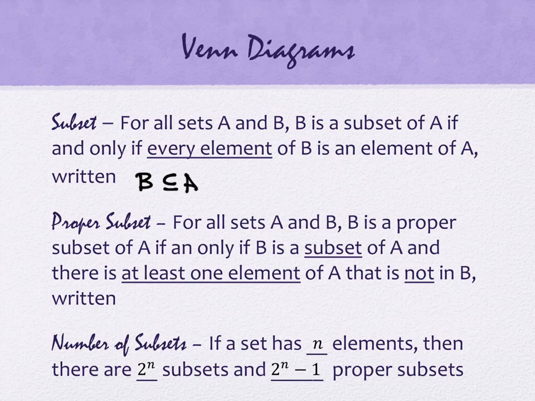It's like a flat kind of a C, and it has a line underneath it. It means every element of B is also in A. Okay, everything in B is also in A.